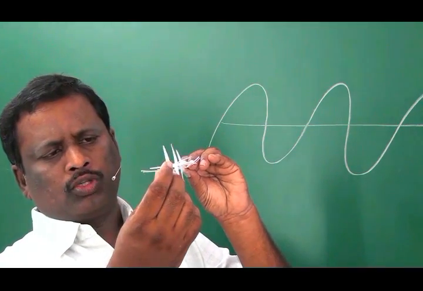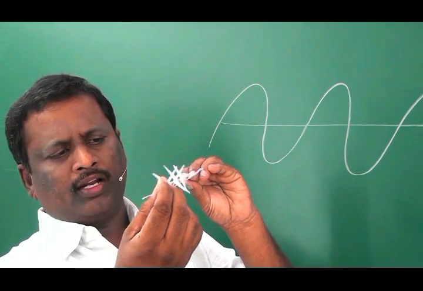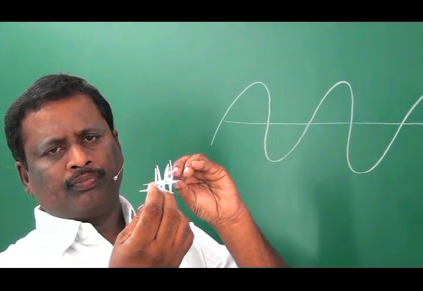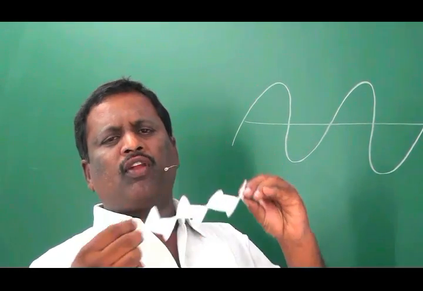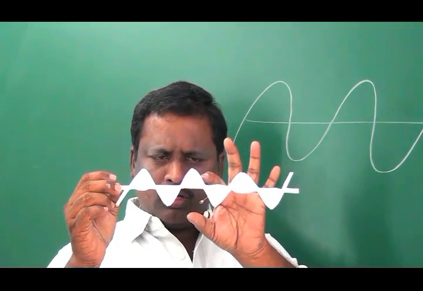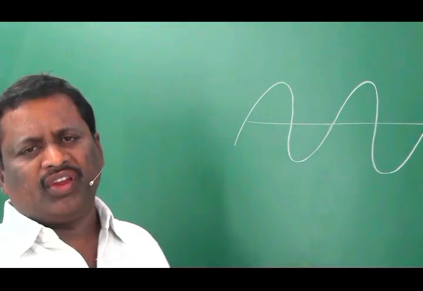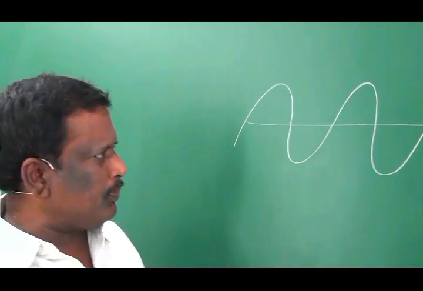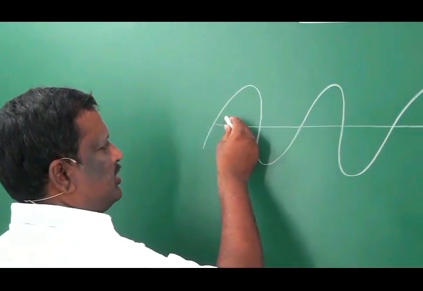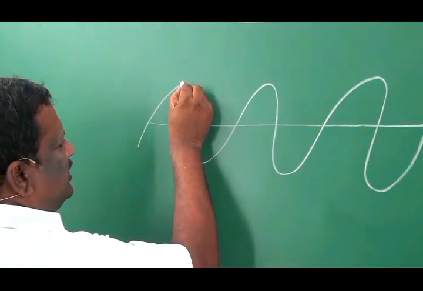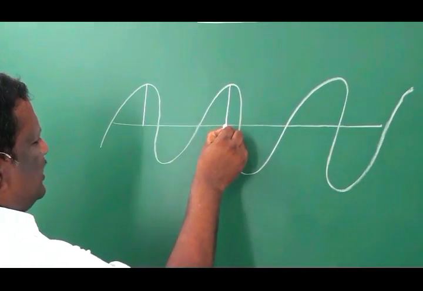So the properties of light will depend upon the distribution of these electric and magnetic fields. For example, here it is a wave-like structure. Now here, consider the distance between two adjacent waves.